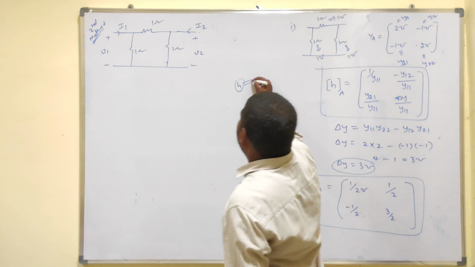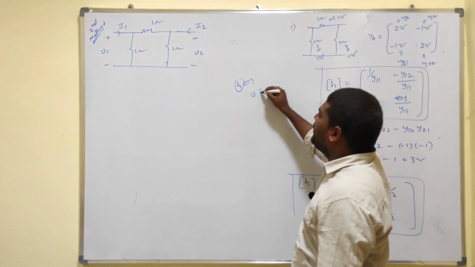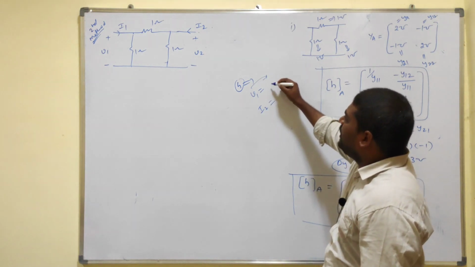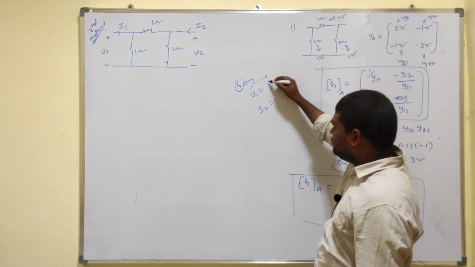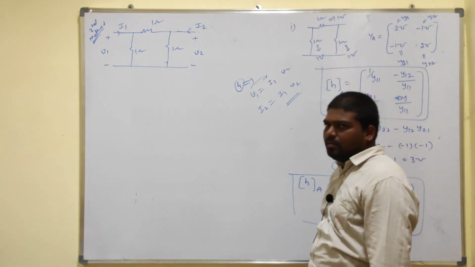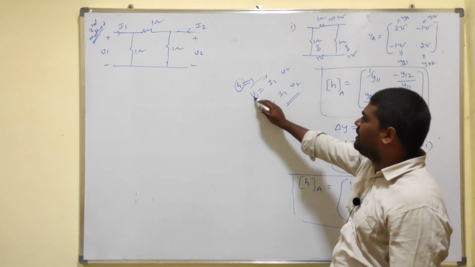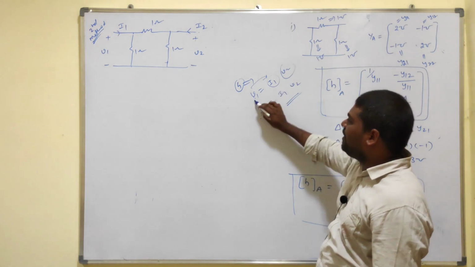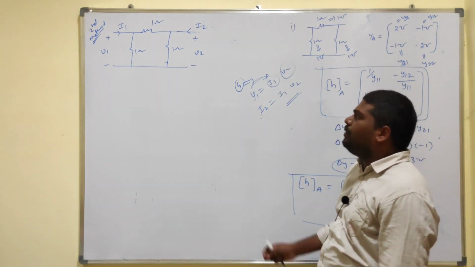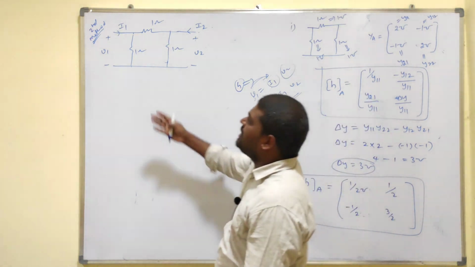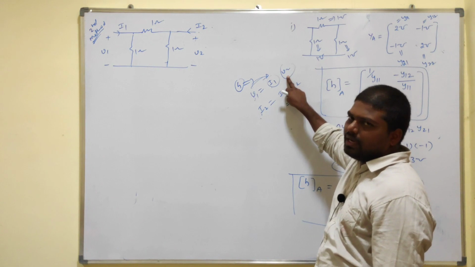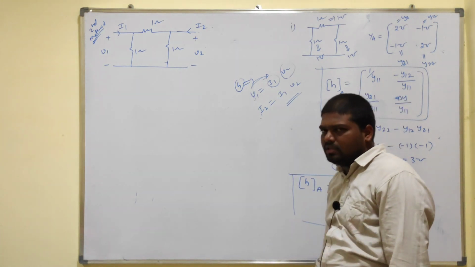V1 and I2 are the dependent variables, and I1 and V2 are the independent variables. The V1 equation involves I1 and V2 as independent variables, so you can form the equation from this network in terms of I1 and V2. Then you will get the H matrix.